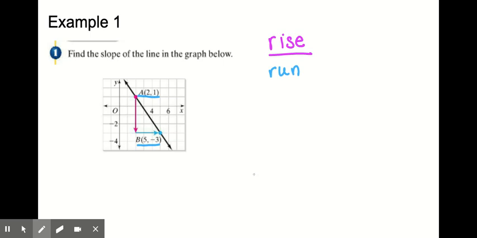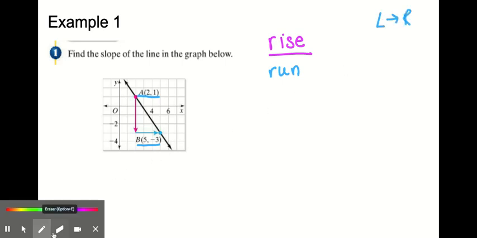So first we're going to talk about simply counting. So my rise, I see that moving from left to right, and we always move from left to right, I see that my line is going downwards.